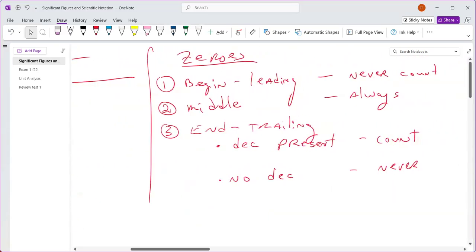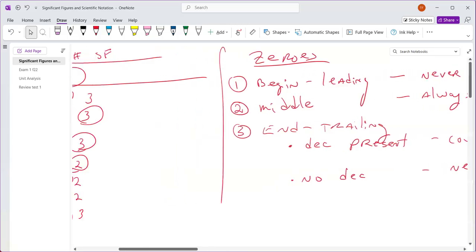They can be in the beginning, middle, and end, and they're all different in whether they count as significant or not. At the beginning, they are never significant. In the middle, they're always significant. And on the end, they're only significant if there's a decimal point present anywhere in the number. It doesn't matter where, anywhere in the number.